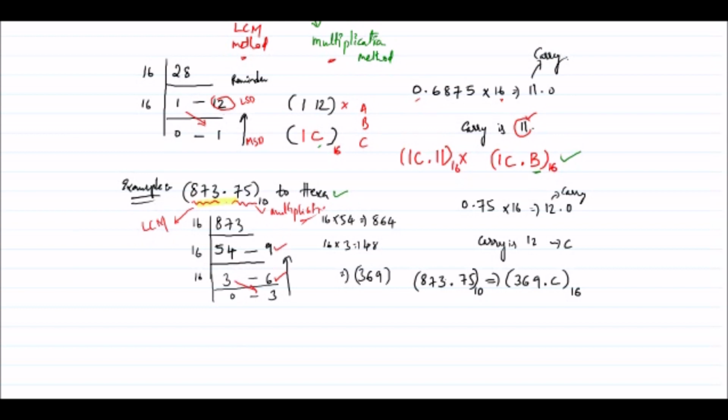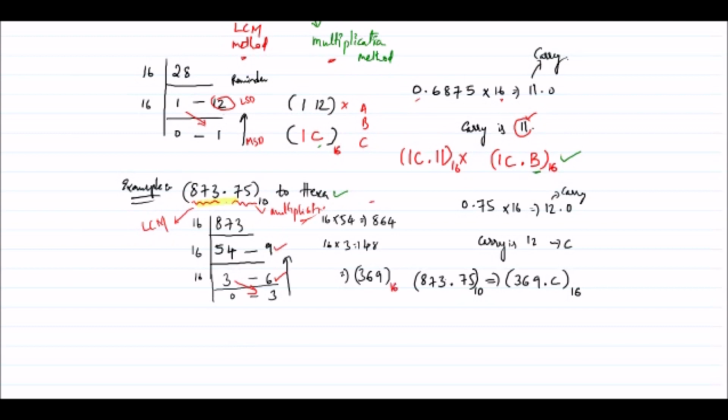If I divide this 54 by 16, 16 times 3 is 48, so I will have a remainder of 6. Writing 3, 6, 9, 369 is the hexadecimal number.